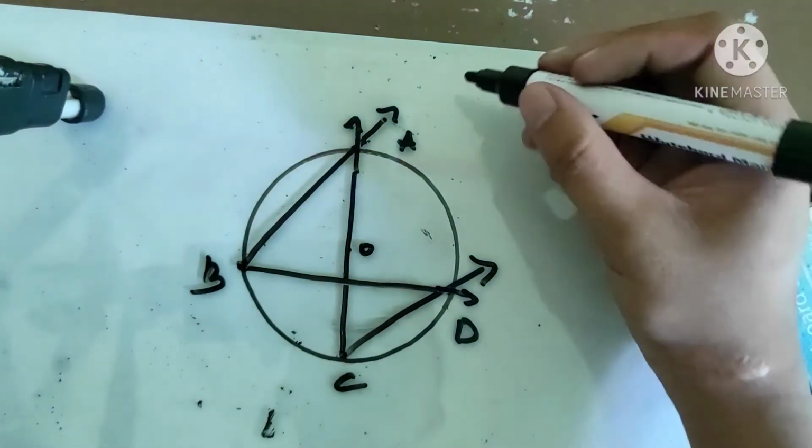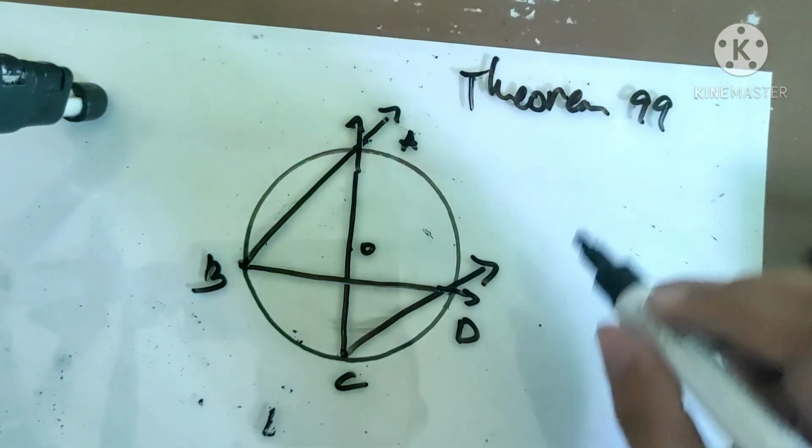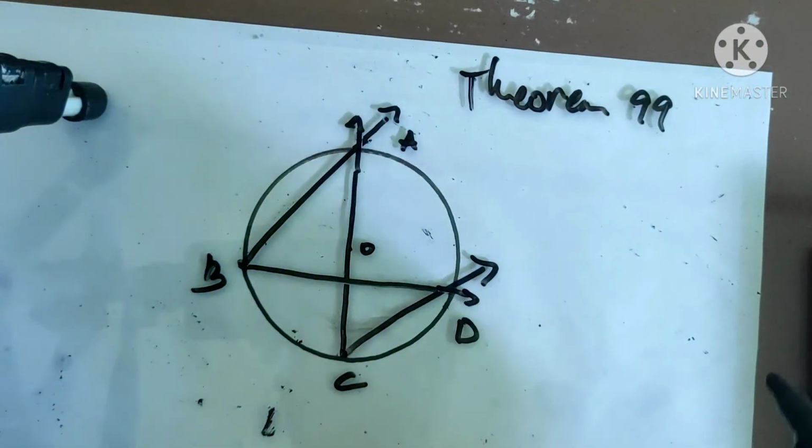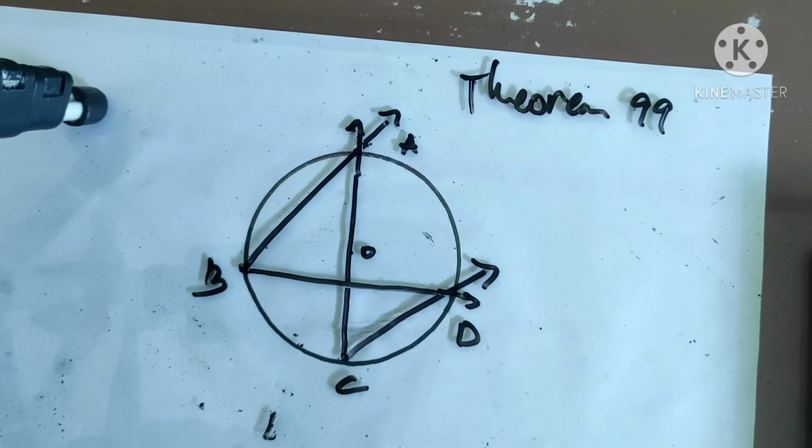Ito naman yung tinatawag natin na Theorem 99, or tinatawag natin na inscribed angle in the same arc theorem. So sa inscribed angle in the same arc theorem, no, two or more angles inscribed in the same arc or in congruent arcs are congruent. Okay?